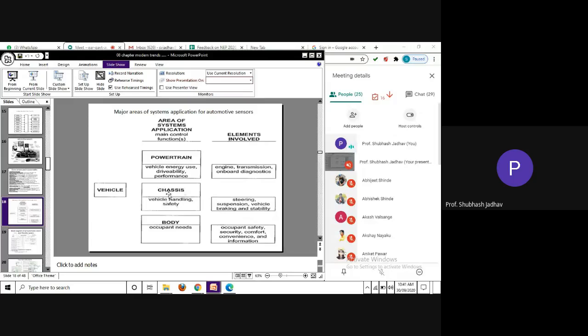All these parameters come under vehicle stability, and things related to it are steering, suspension, brake, etc. Then when we talk of body related things, we are talking of occupant safety, security, comfort, convenience, and we have some information systems.